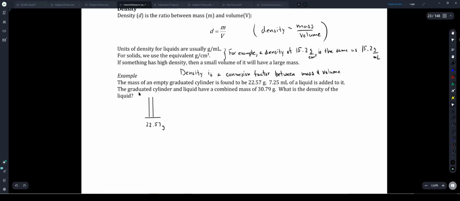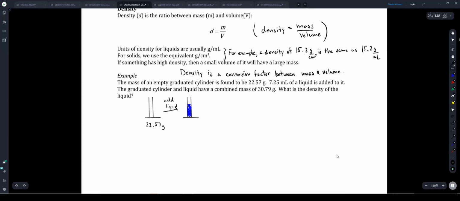I would get that by putting it on a scale and weighing it, essentially. Now let's say I add some liquid to it. We don't know what the liquid is. Let's say it's some blue liquid.